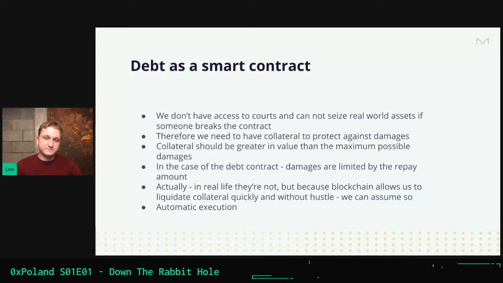Our damages are limited in the case of the debt smart contract, because the maximum amount that Alice is owed is 105 USD, because as soon as the loan is due, she can get back her 105 USD from the collateral. In the real world, it's not like that, because if Bob doesn't pay on his obligation, then there are some fees on top of that, so the damages are not limited. But in our smart contract world, all is good.